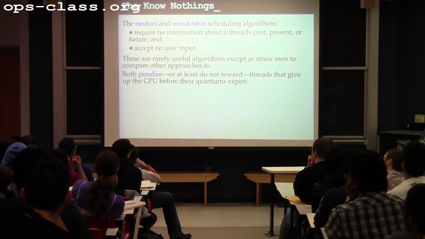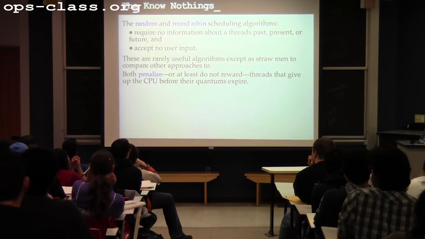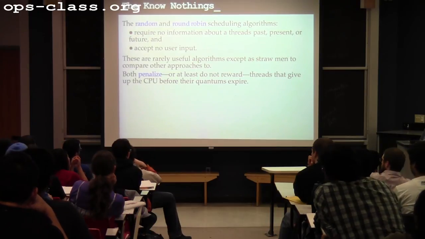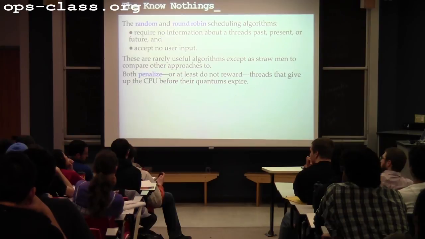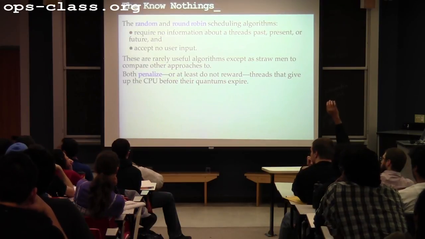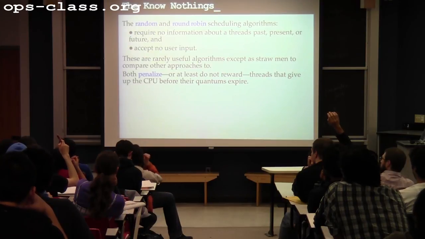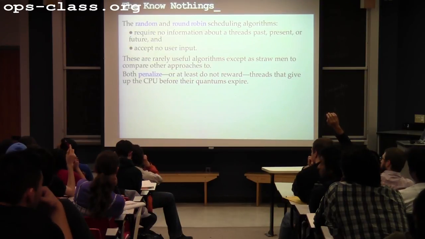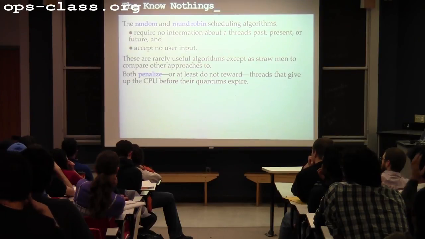Why would this be an interesting piece of data for a scheduler to collect? Increased chances to reschedule? Well, the thread has given me the rest of the quantum to use for something else. But when we go back to those three types of tasks that the computers might be performing, yeah. Well, maybe. Yeah.